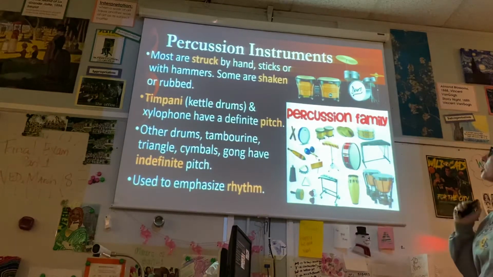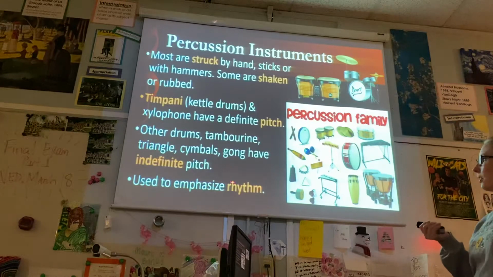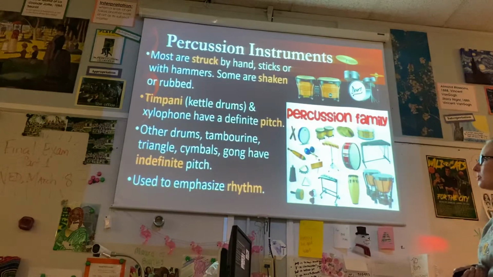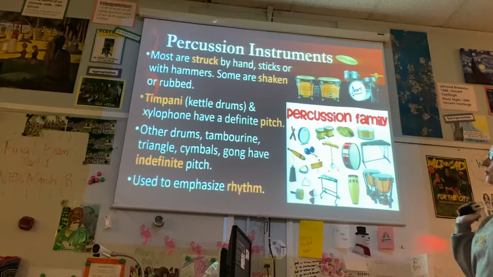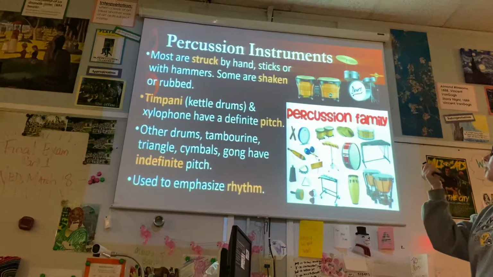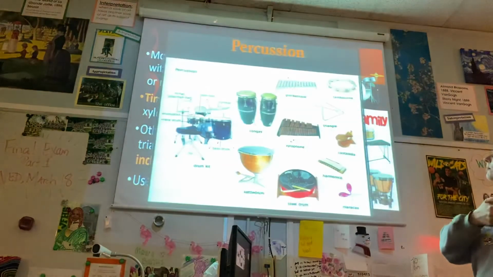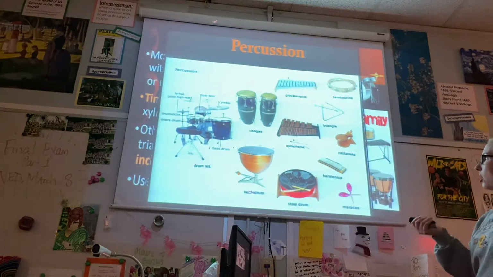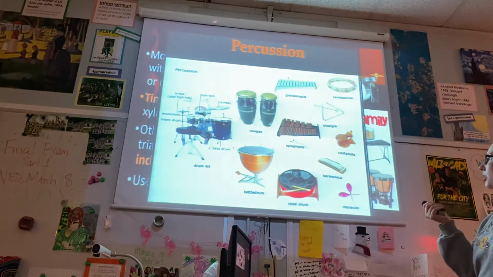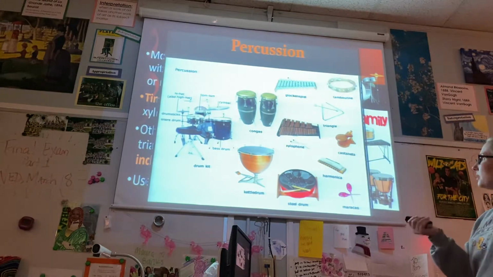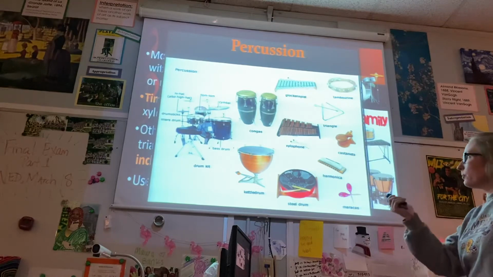And you use percussion instruments to emphasize rhythm. So this is how you keep the beat to the music. And I mean, these would be the most fun to play in my opinion. Who wouldn't want to beat on the bongo drums? All right, so you need to know kettle drum or timpani and xylophone have a definite pitch. All the others have an indefinite pitch, and they're used to keep rhythm.